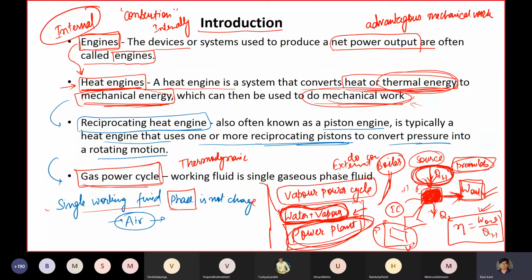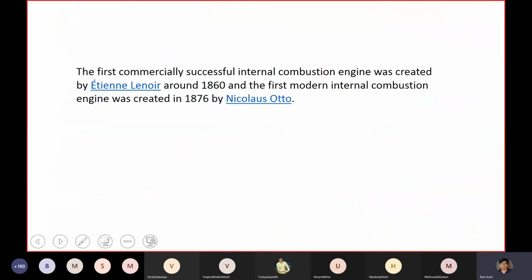Okay. So this particular lab session is all about the internal combustion engine, so we should stick with these definitions. Let me move forward and give you the motivation by telling you that the first commercially successful internal combustion engines were created by Lenoir around 1860, about 150 years back.